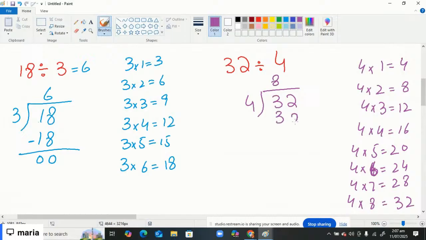Now we subtract, 2 minus 2 is 0, 3 minus 3 is 0. So the answer is 8. In this way we are going to solve it.